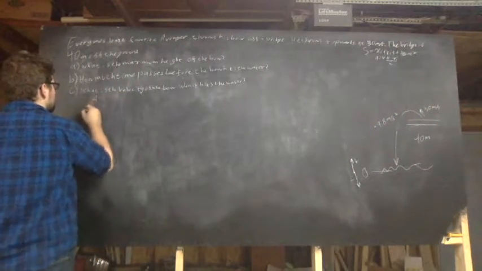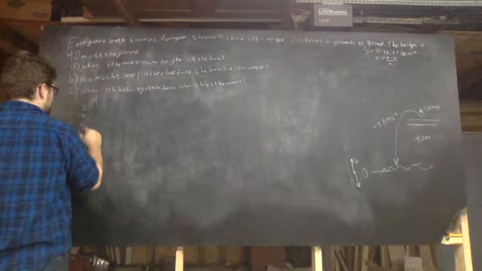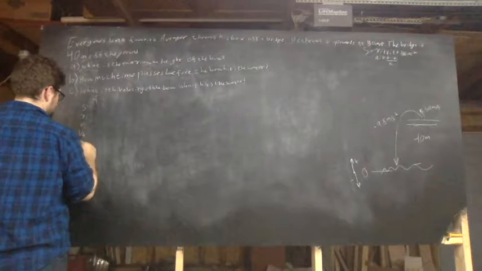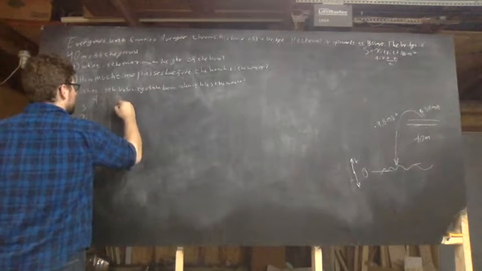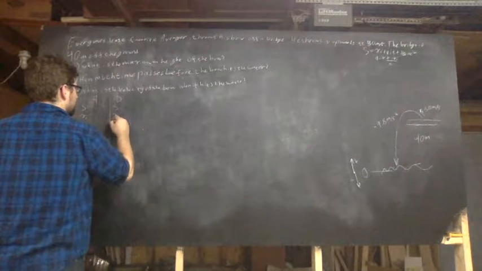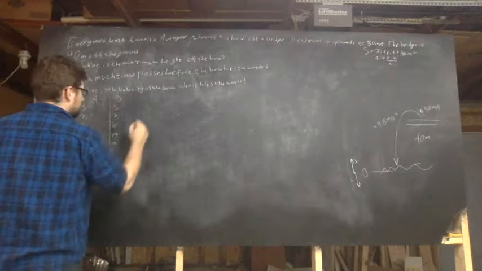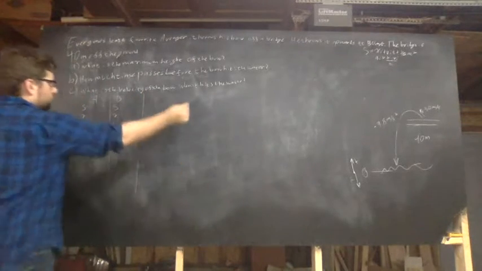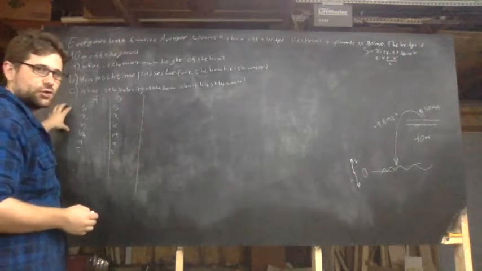So part A is going to have s, xi, vi, vf, a, t. Part B is going to have s, xi, vi, vf, a, and t. We'll just mark that off so I don't run over into it again. So let's go ahead and get our initial values.